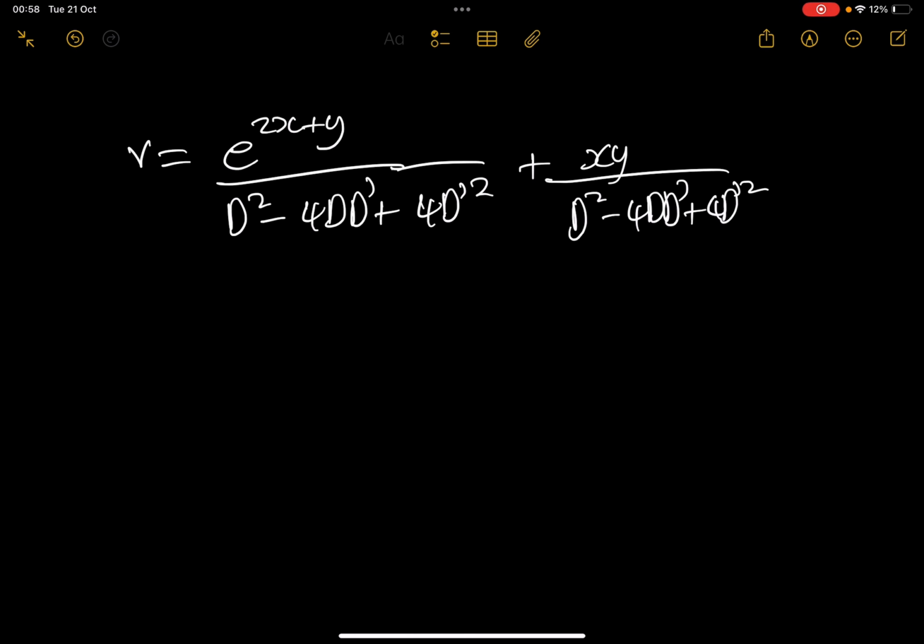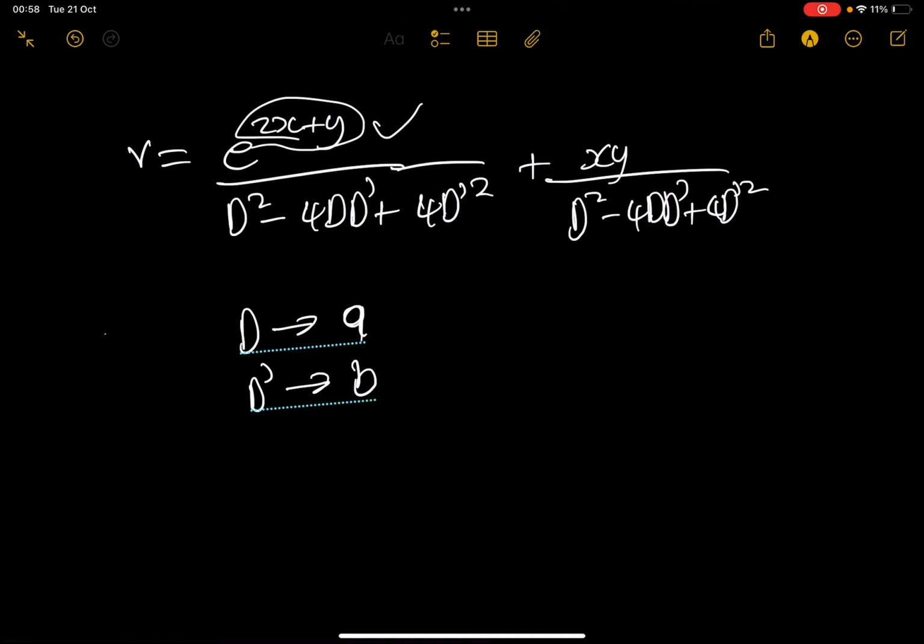So now we are here. We need to further evaluate this. How do you further evaluate this? I'm going to be doing it simultaneously, starting with this side. How do you evaluate this? We know that D is a, D prime is b. We know that a from this is 2, and b is 1, right?